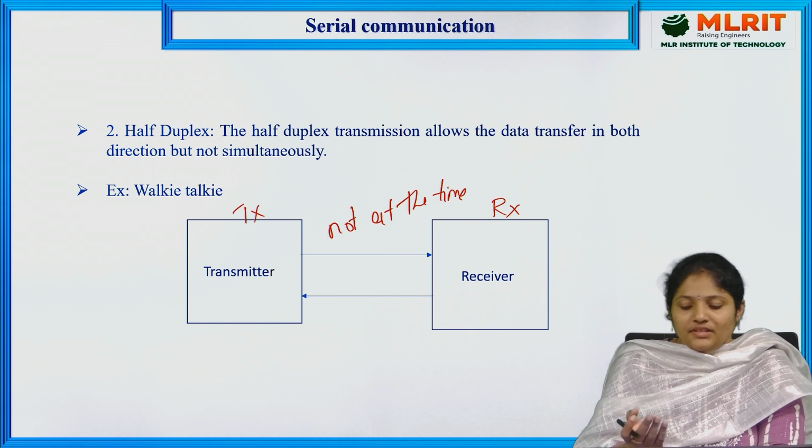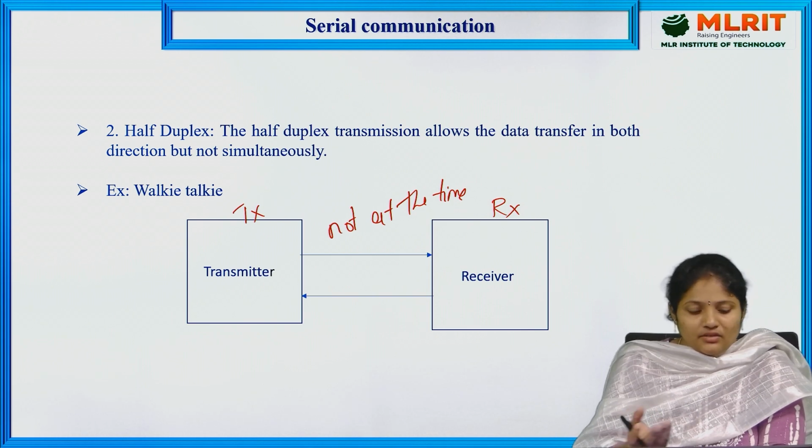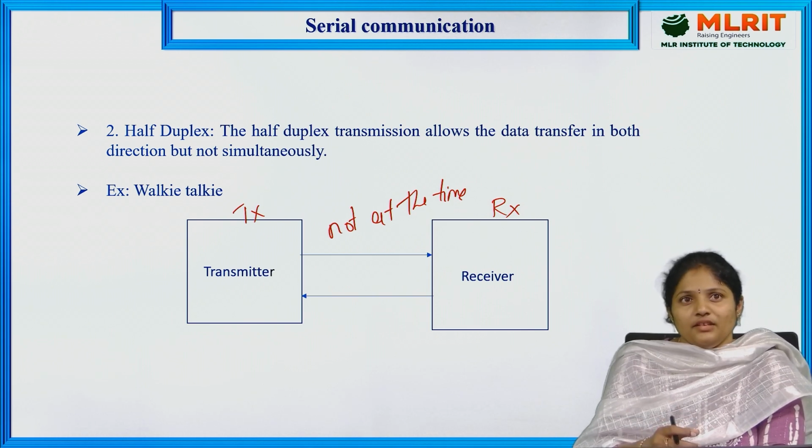After that, the receiver can send the data to the transmitter, but not at a single time. One example is walkie-talkies, which the police use.